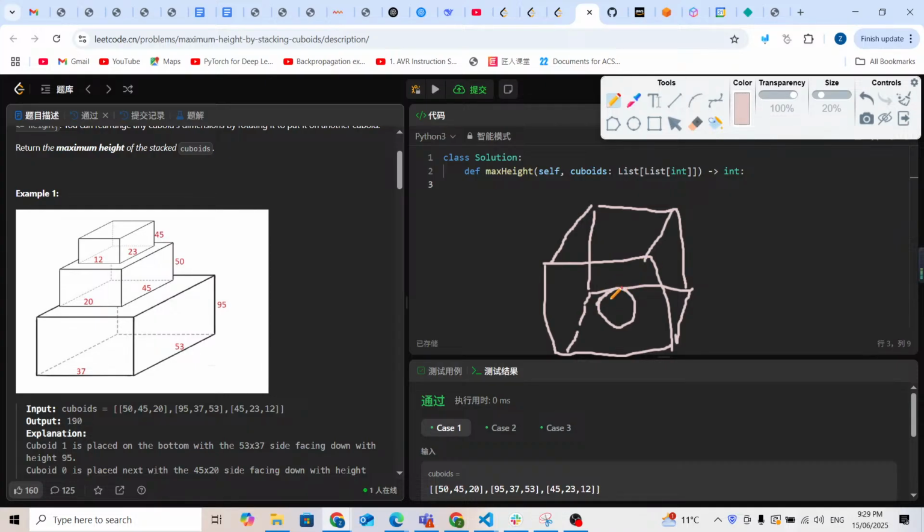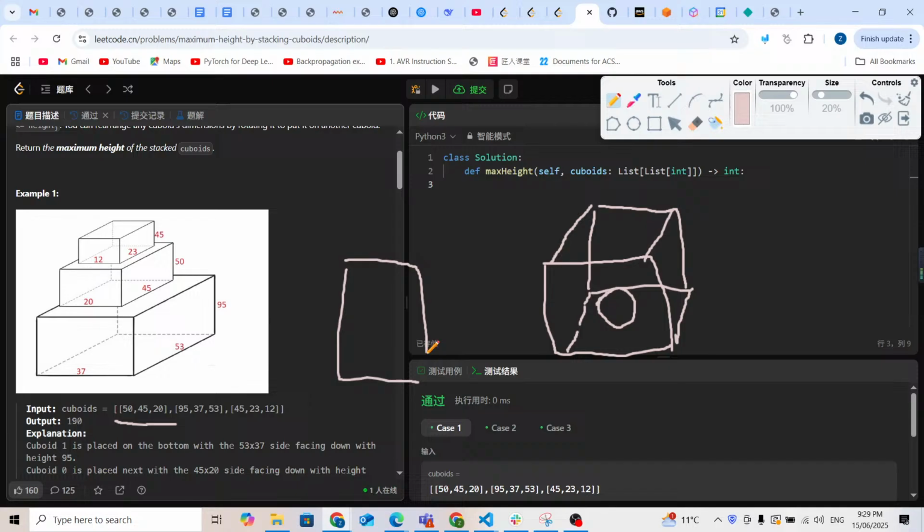If we put it inside and we want to stack it higher, the greedy idea is that we can sort the length, width, and height. If we sort it, definitely we can find the highest one.